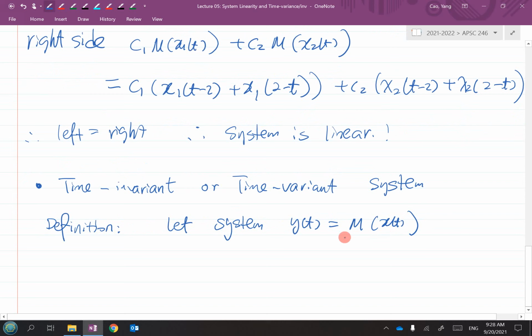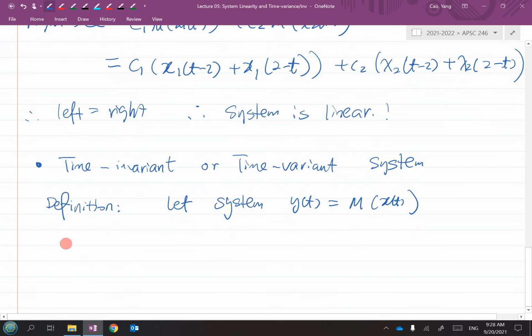We also use y representing the output. So the definition says the system is time invariant. I'm going to use Ti for the future. So Ti here is a shortened name for time invariant.